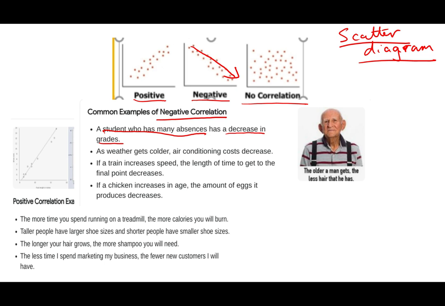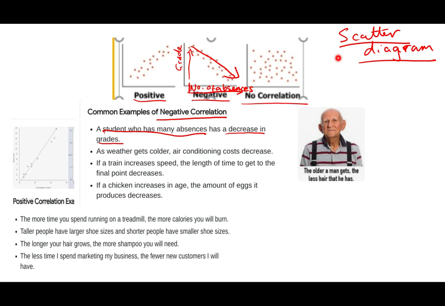So let's say this x-axis is the number of absences and the y-axis is the grade. So as you can see, the lower the number of absences, the higher the grade is. As the number of absences increase, you can see the grade gets lower.